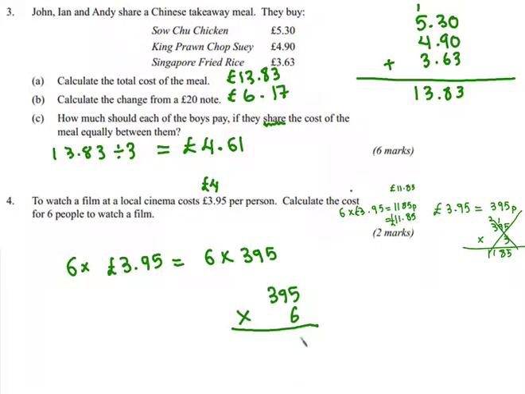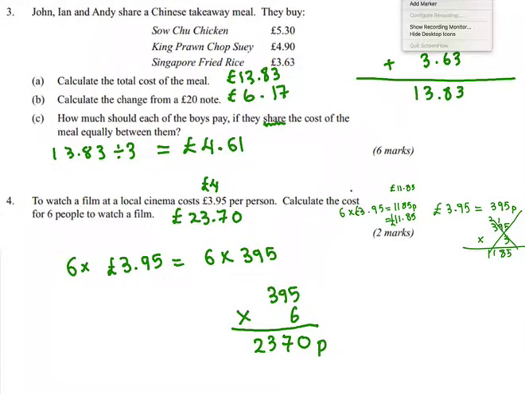It's going to be very quickly 0, 16, 17, the 1, 22, £23.70. Our method hasn't changed. Still the same method. This is in pence. Dividing by 100 would give us it in pounds.